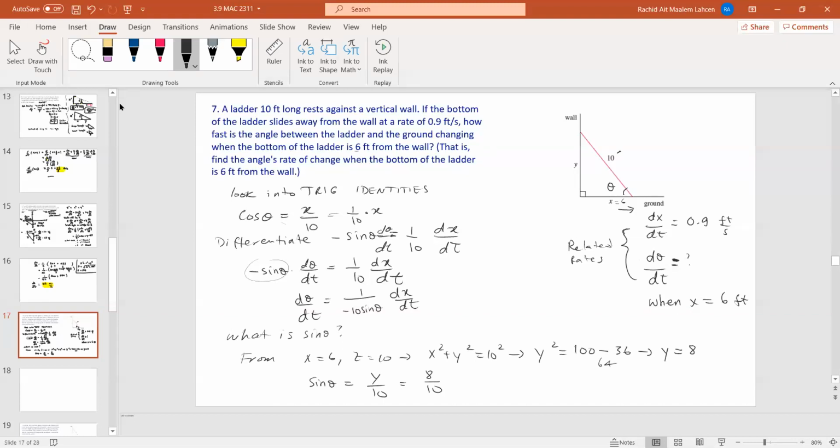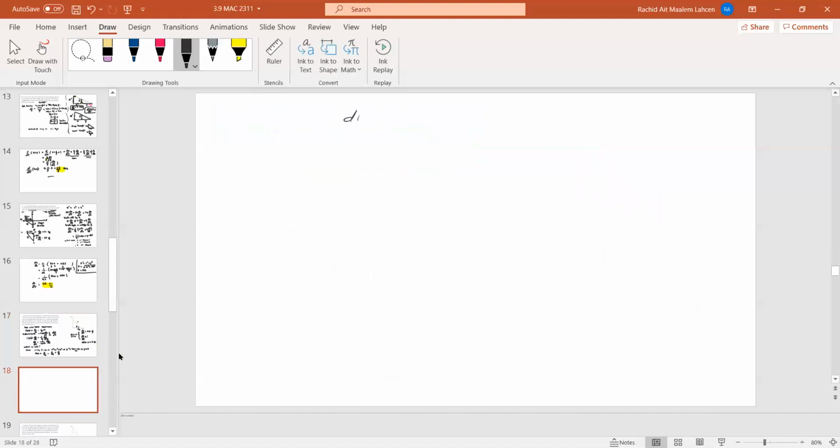Divide by 2, it's going to be 4 over 5. And now we can go back to this thing here and substitute. So let's write d theta/dt.